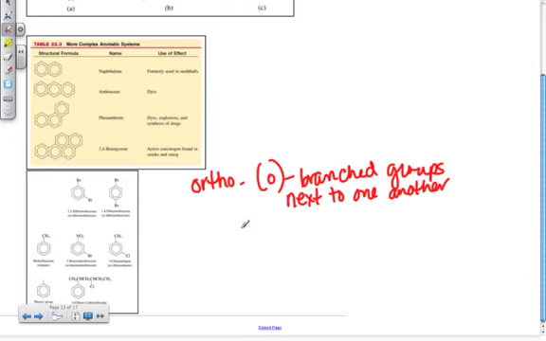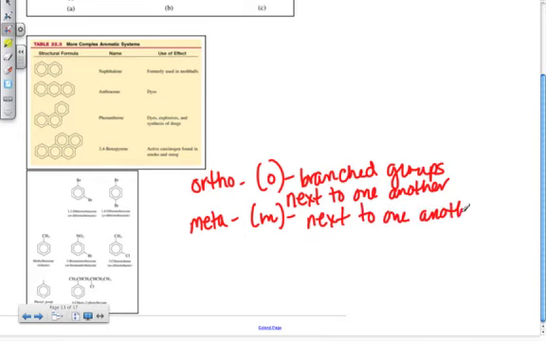And then you have meta, which is an M, which means that they're next to one another with a carbon in between, the branch groups.